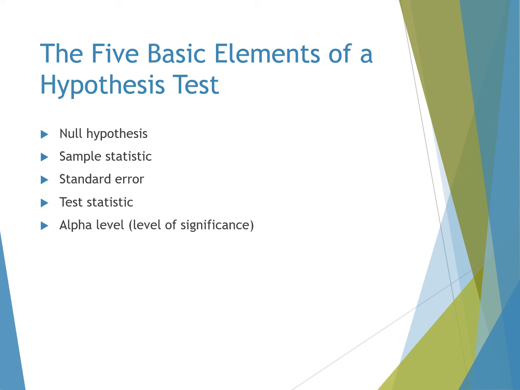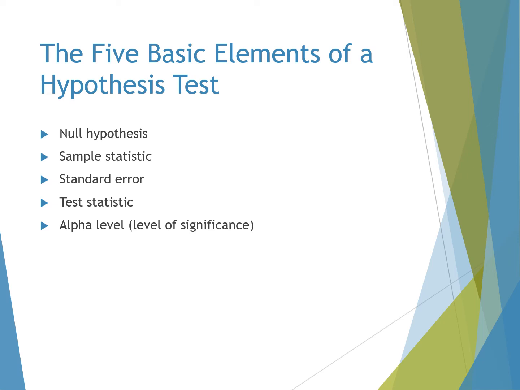This is the average difference between the sample statistic and the population parameter. The test statistic compares the sample statistic to the null hypothesis over the standard error. This is our t-value for doing a t-test. This is the F statistic. It depends on the specific test, but that's the one we're looking at, that relevant p-value.